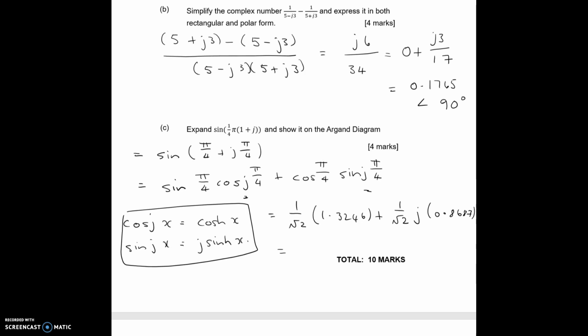And just use your calculator to work that out. 0.9366 plus j times 0.6142 and show it on a diagram. Both of those are in positive first quadrant. So the imaginary part would be the 0.6142 and the x part would be 0.9366.